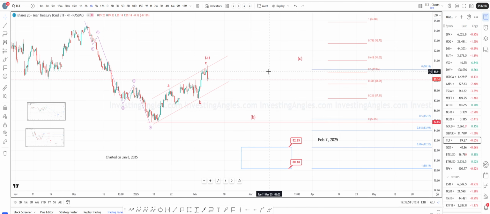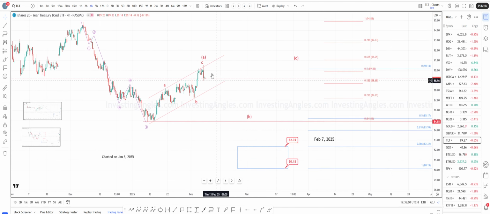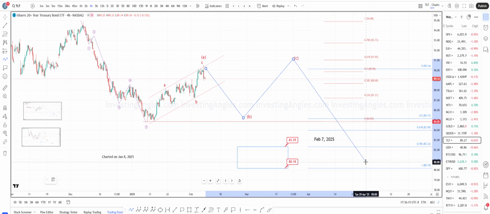That's going to be the projection. However, it wouldn't be uncommon if TLT makes a slightly longer path and does something like this. For example, it makes an ABC correction, a bigger one, and again it will move down towards this target just a little slower. It will happen.